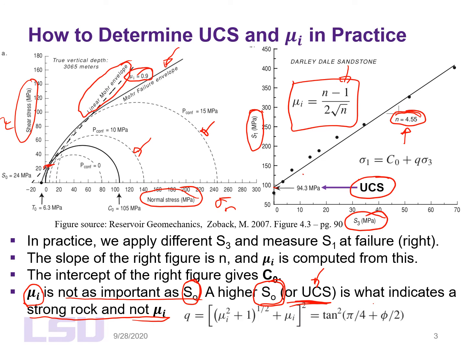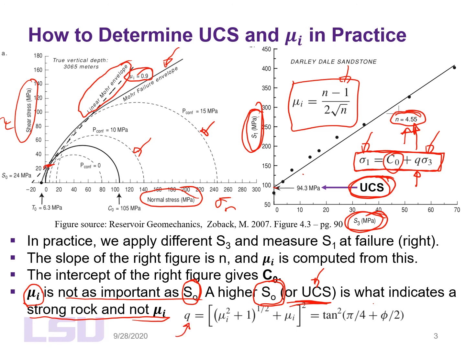And when you're working in this form where you plot S1 against S3, which is what we work with more, we have a slightly different version of the Mohr equation. So it's S1 as a function of S3, right? And the slope is Q or N. And the intercept is CO, which is UCS. Slightly different from the version I showed before.